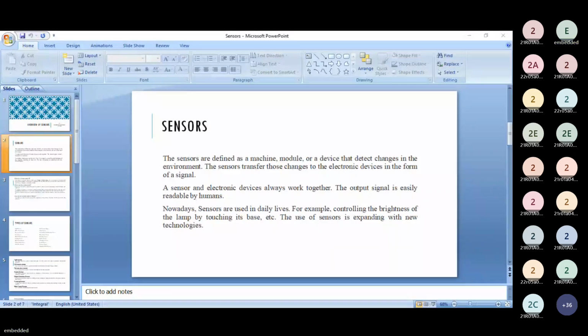Give an example of electronic devices which are having sensors. Why are you guys not responding?